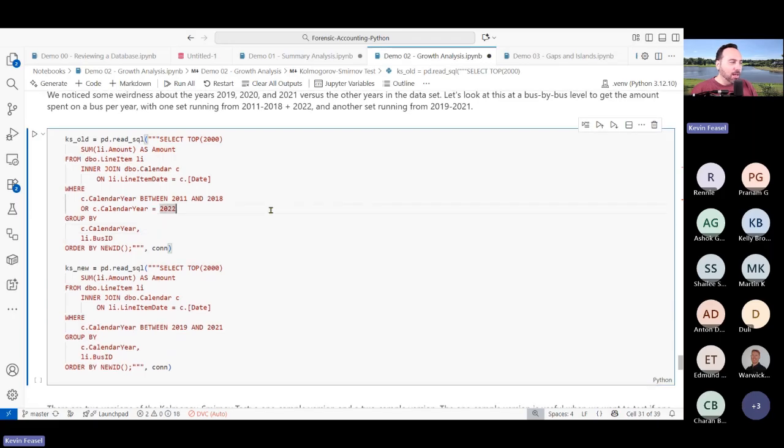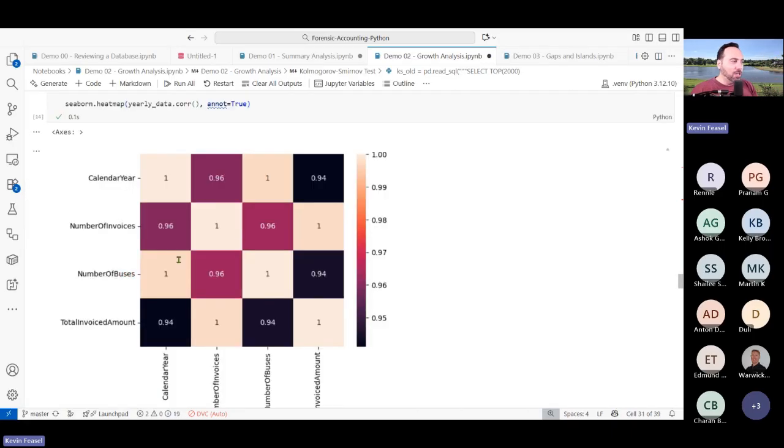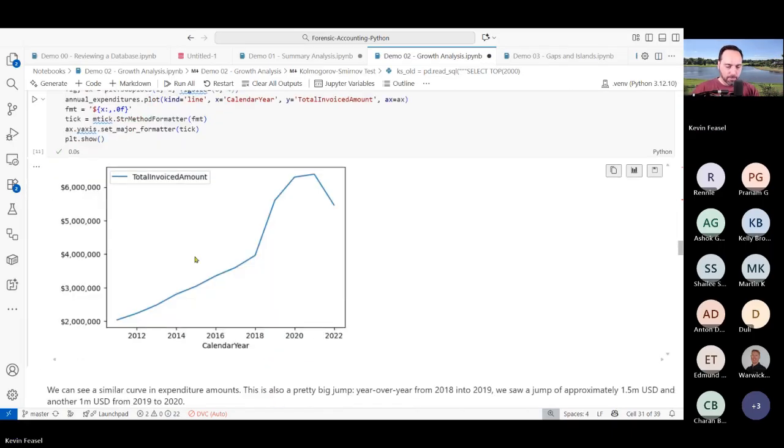So I can grab this information, 2011 to 2018, or calendar year equals 2022, because it seems like there's this drop. If I draw a line that follows this, you can see we end up just a little bit above it in 2022.